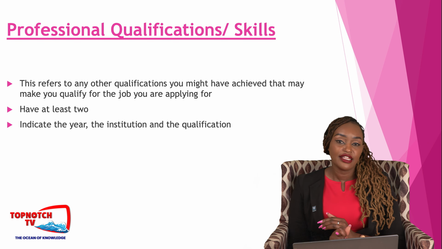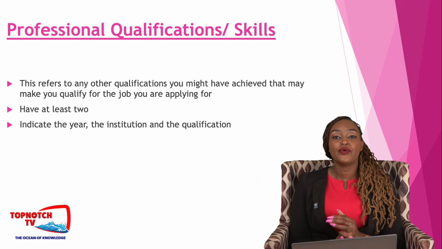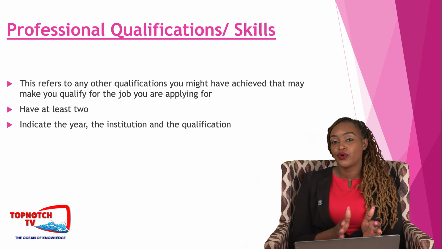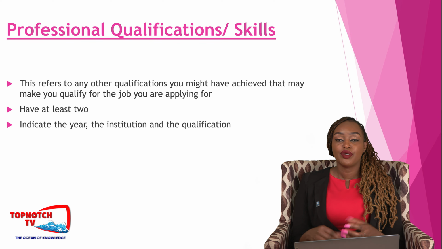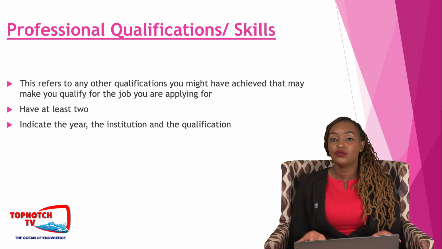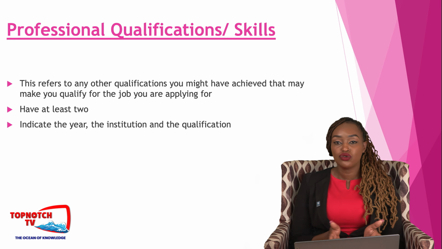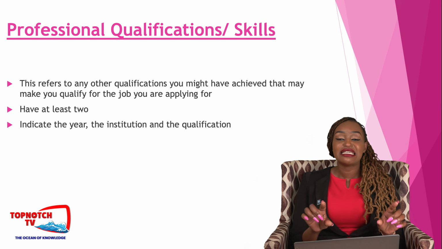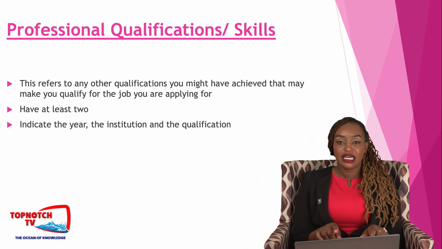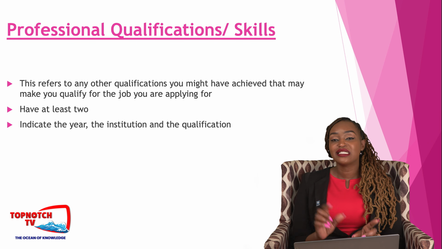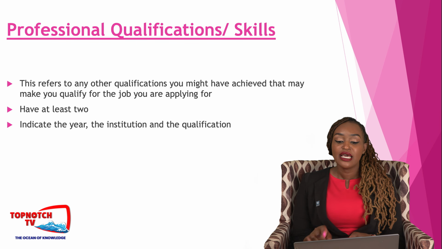So look at the year. When did you start? Maybe when did you start that course? So indicate the year, maybe 2005 to 2007 or 2021 to 2022, and then indicate that. Once you indicate it, then talk about the qualification. What did you get? What certification did you get from this institution?